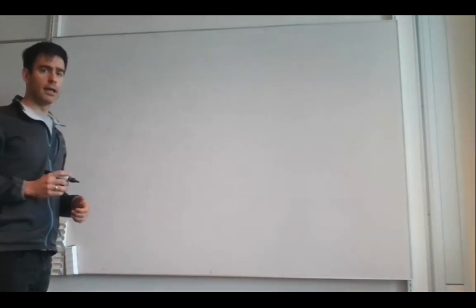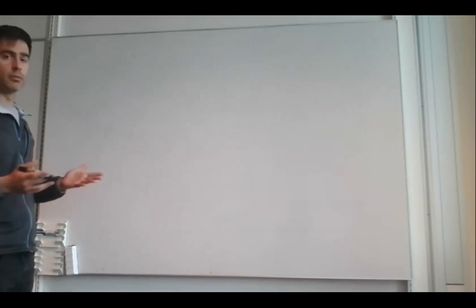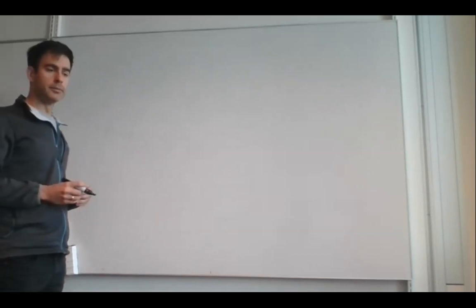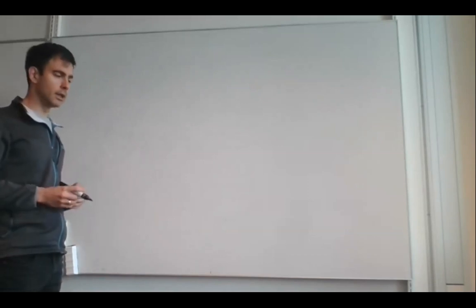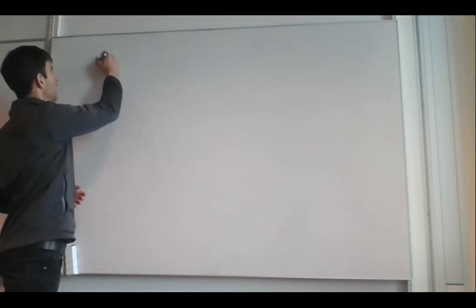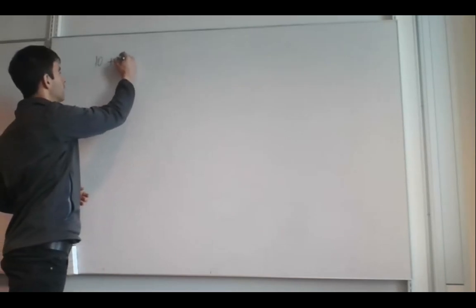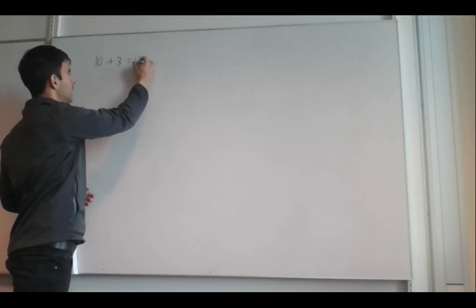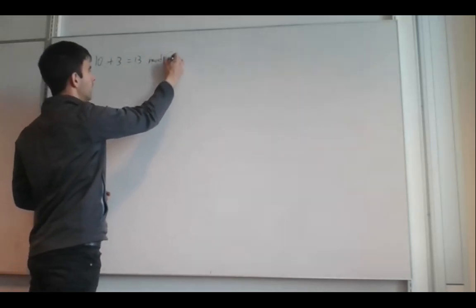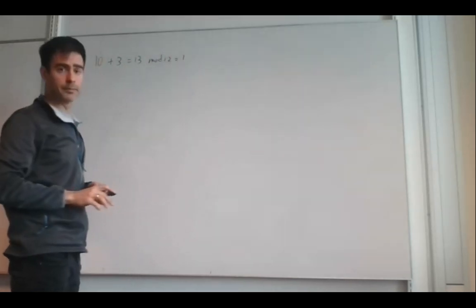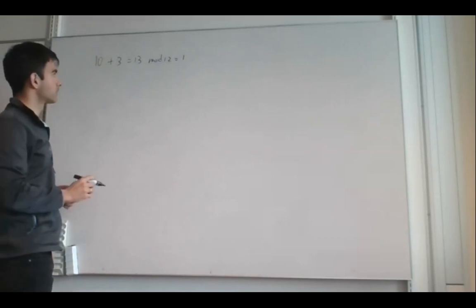So as I was saying before in the video, modular arithmetic, you should be all familiar with it. For instance, when you compute with the clock, know that if it's 10 a.m. and we say we're going to meet in 3 hours, well, that's 13, but we're really doing computation modulo 12, which means that this is equal to 1.